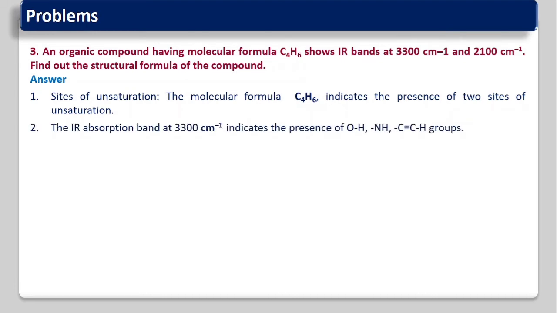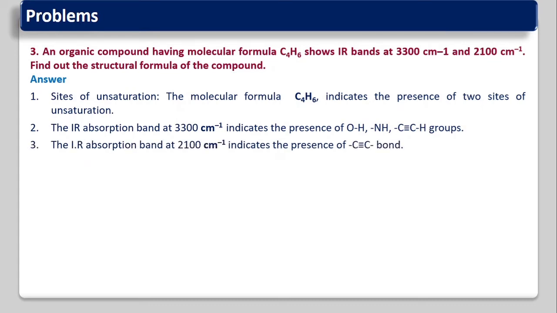The IR frequency band near 3300 cm⁻¹ clearly indicates the presence of OH, NH, or carbon-carbon triple bond H, that is CH frequency. As our molecular formula doesn't have oxygen and nitrogen, the NH and OH possibilities are not possible.